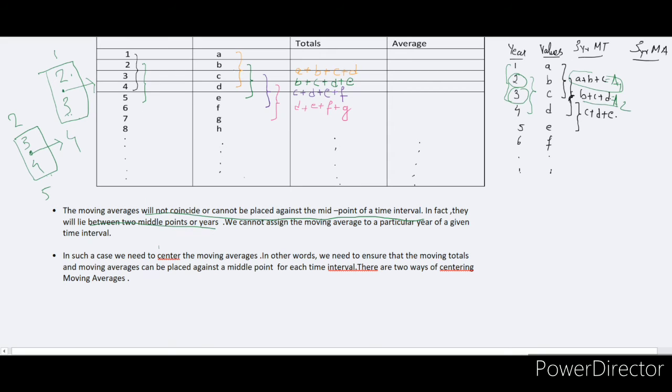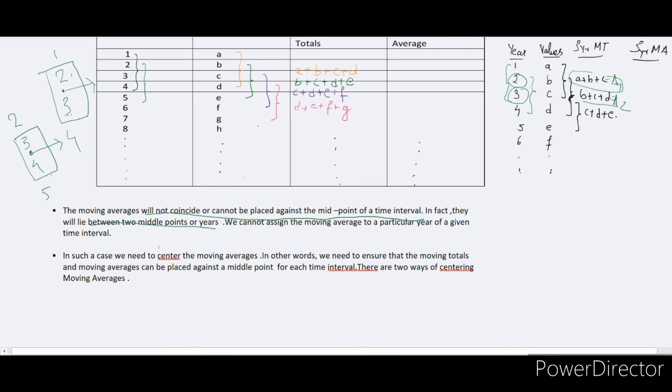If we add B, C, D, E, we do not know whether the value should be assigned to year 3 or year 4. Similarly, for the next 4 years, 3, 4, 5, 6, the value lies between year 4 and year 5, so we do not know which year to assign the value to.